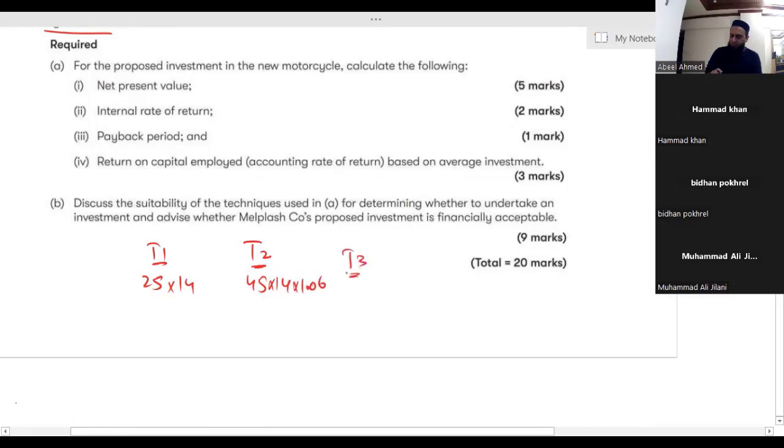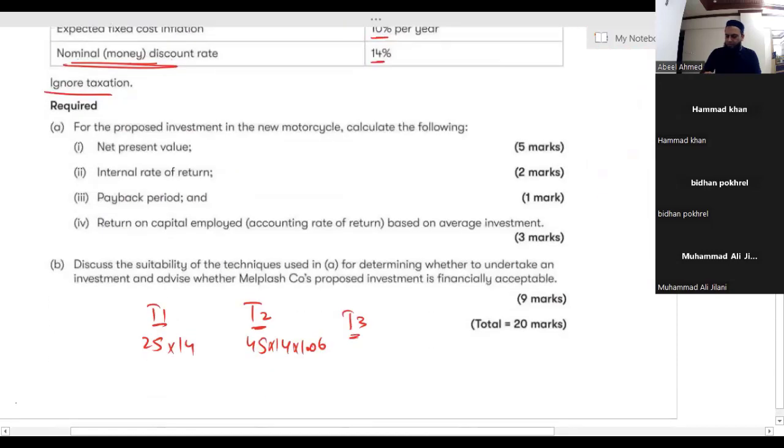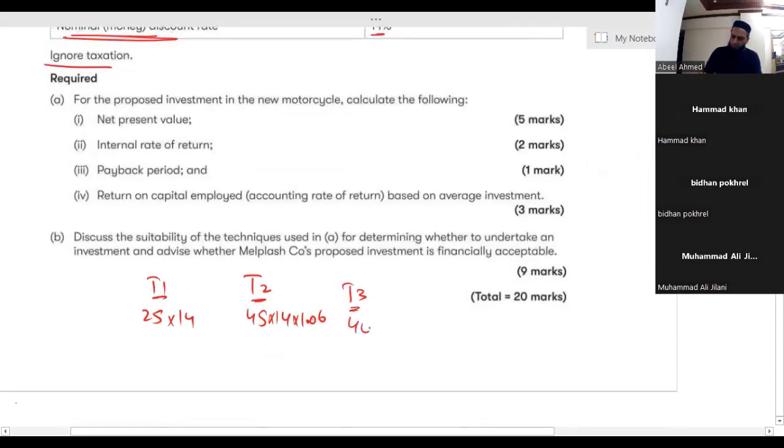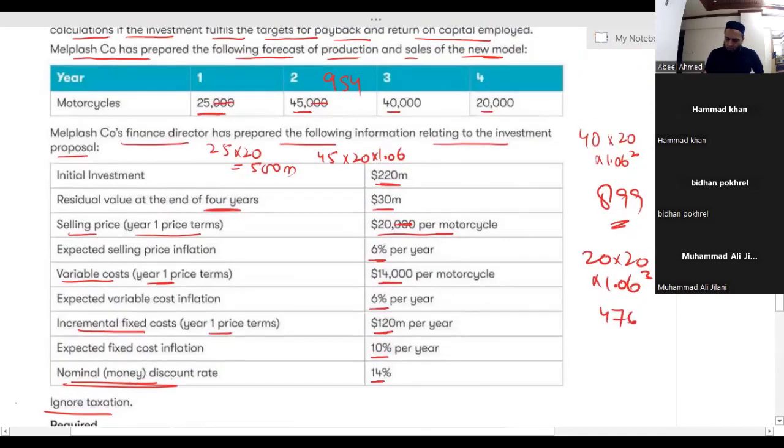For the third year, we'll take 40 into 14 into 1.06 squared. I hope now you know how we'll calculate variable cost in year 4. Incremental fixed cost will incorporate the inflation from the second year.